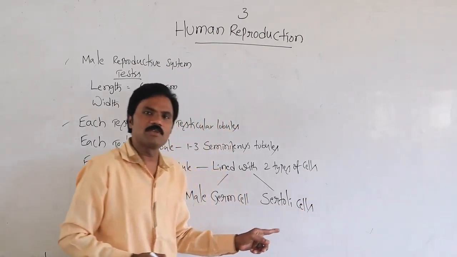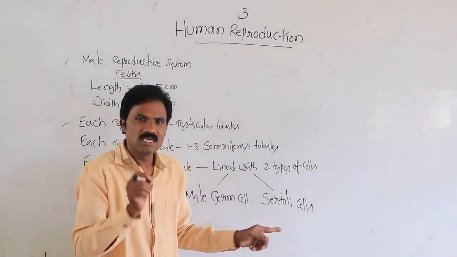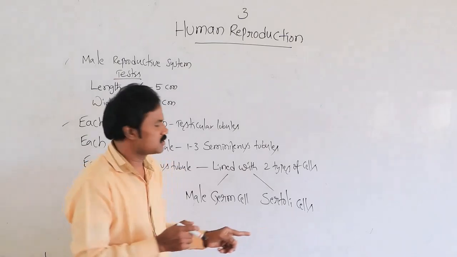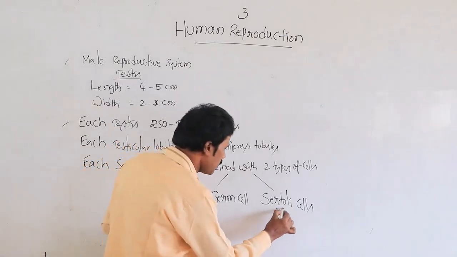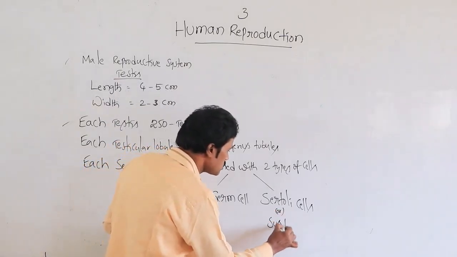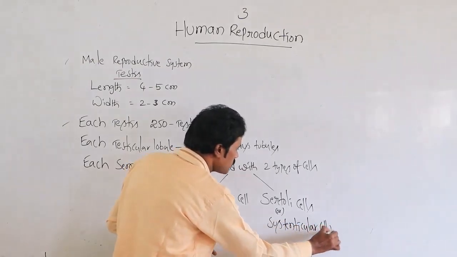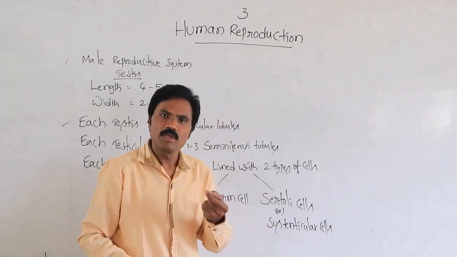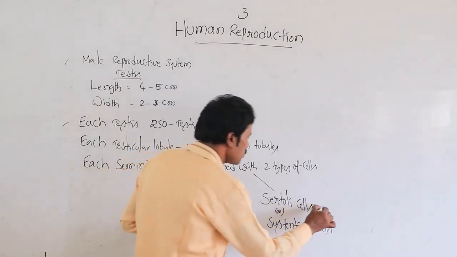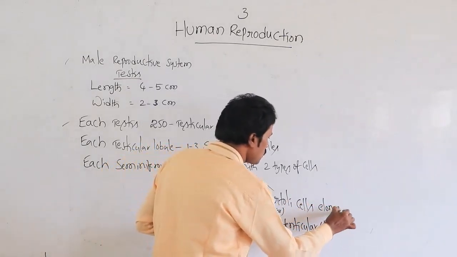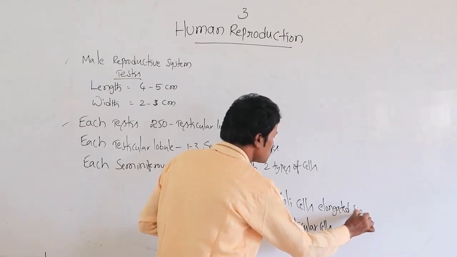What is another name of Sertoli cells? Sertoli cells are also called sustentacular cells. It is normally elongated in size.